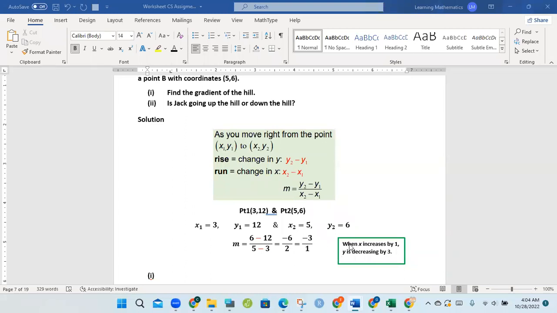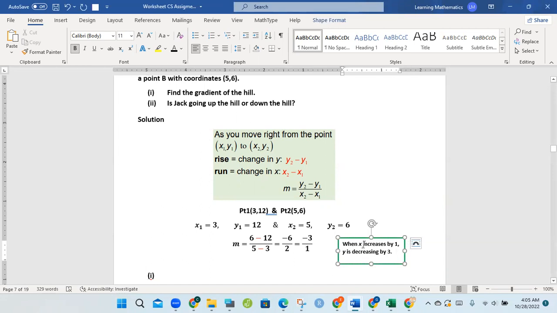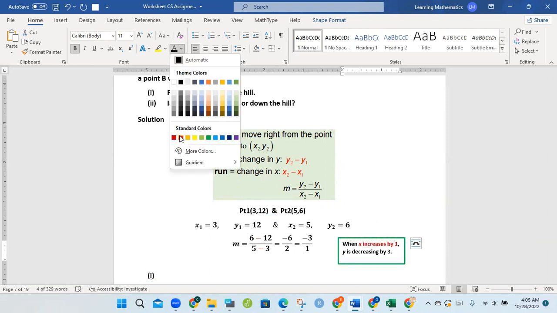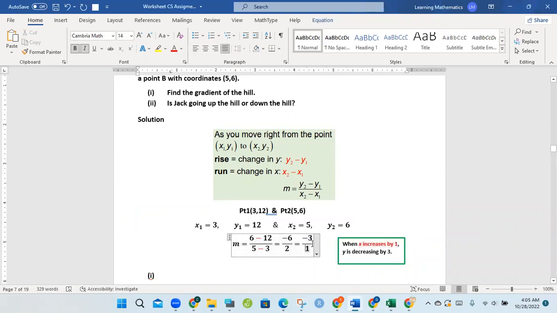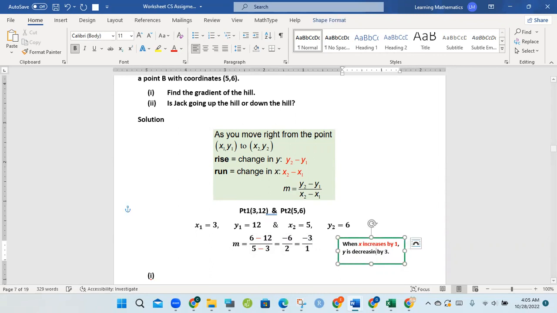When you calculate rise over run, y2 minus y1 over x2 minus x1, you will always end up having a 1 in the denominator, and the numerator will be the value that the denominator went into. So 2 into 2 goes once, and 2 into -6 goes -3. So you get a gradient of -3, meaning when x increases by 1, y decreases by 3.